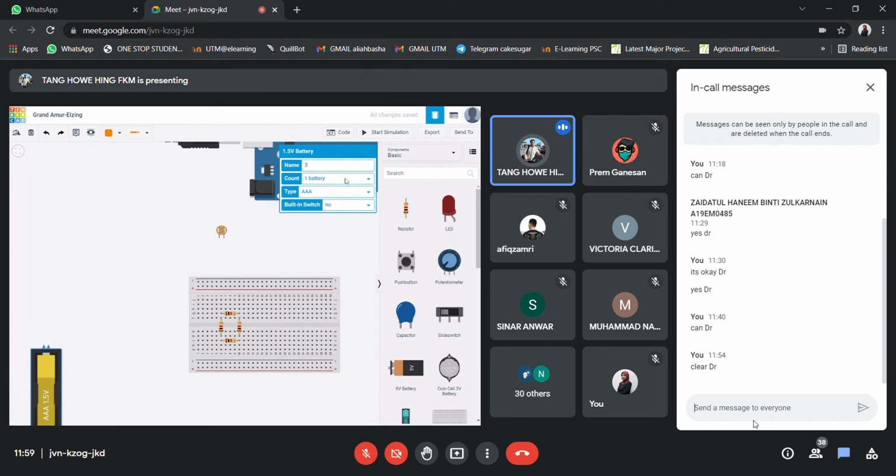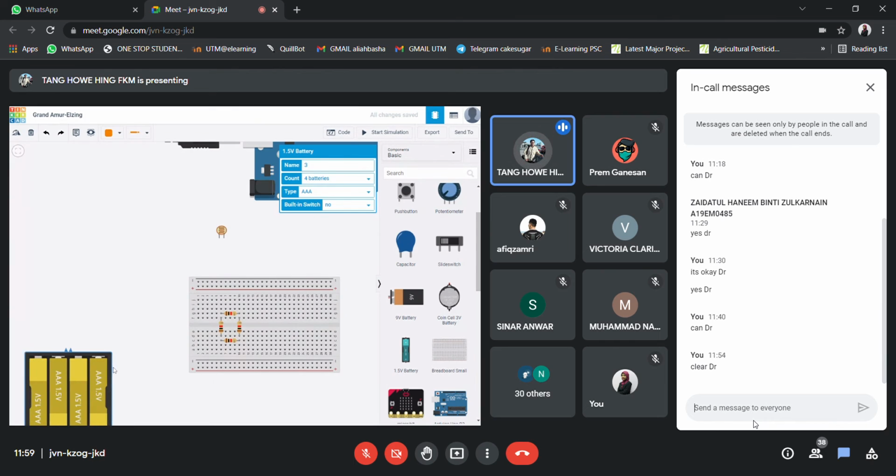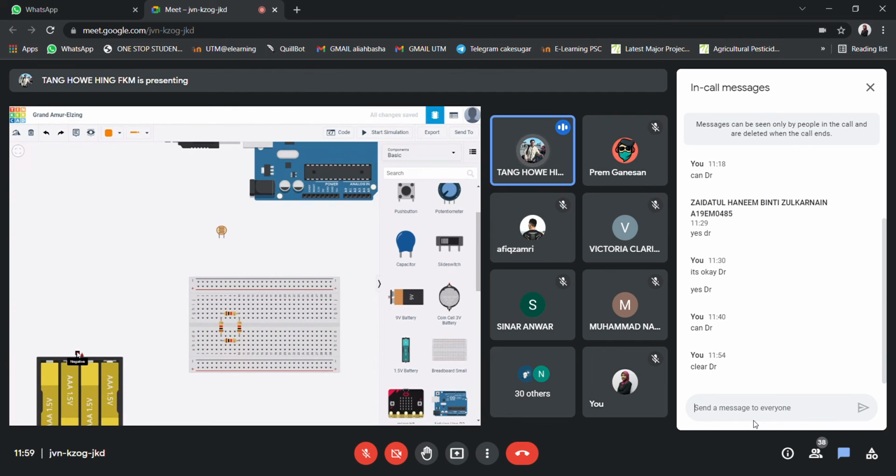And then let's use 4 batteries. And therefore the voltage supply, let's make it green, and then this one comes to here.